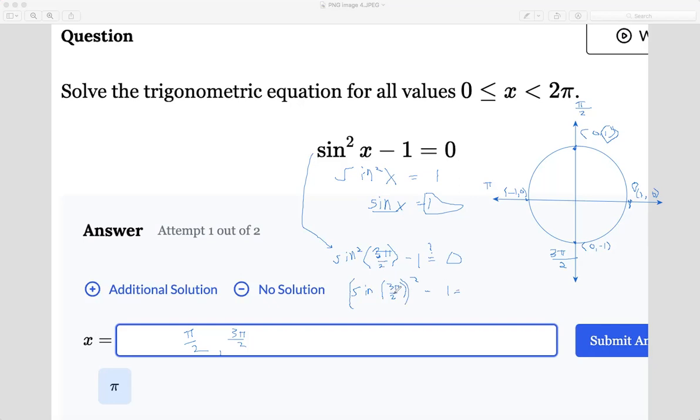So sine of 3 pi over 2 is -1. It's -1 because you see it over here in the unit circle. But then you actually are squaring that and subtracting 1. So when you square -1, you get 1. 1 minus 1 is 0. So both of these work.